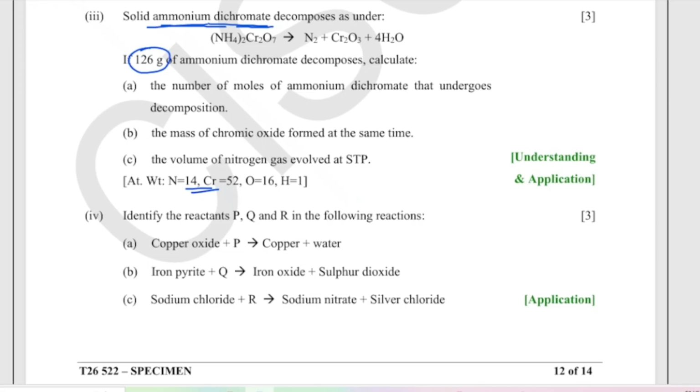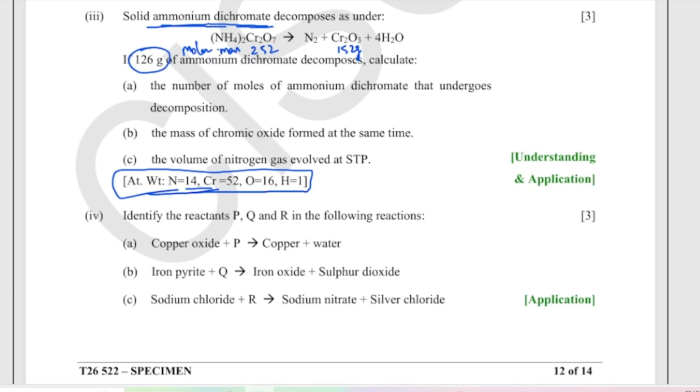Ammonium dichromate has a molar mass of 252. We need to calculate it from the atomic weights given. Then chromium oxide, which is also a solid, has a molar mass of 152 grams.